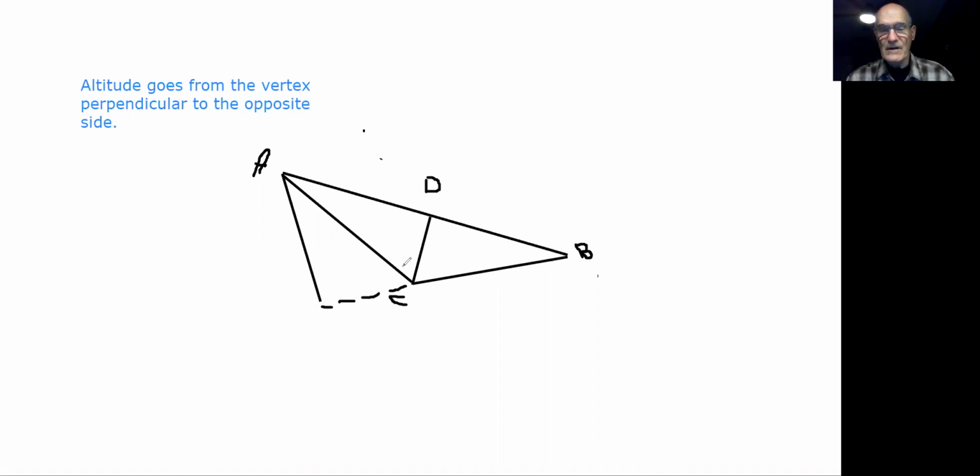Now in this case, if you have an obtuse triangle, two of the altitudes will always be outside of the triangle. So here, for instance, here's the altitude that goes from vertex B perpendicular to AE, so it's going to look about like this, and we extend the side like this, so you can see that there's the altitude there, the altitude here.